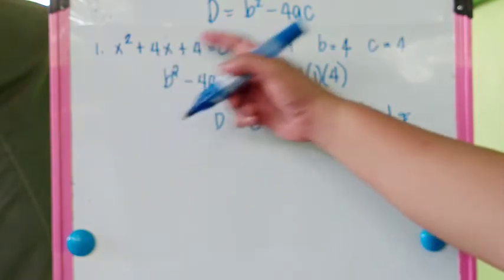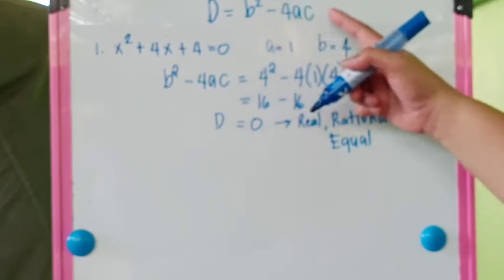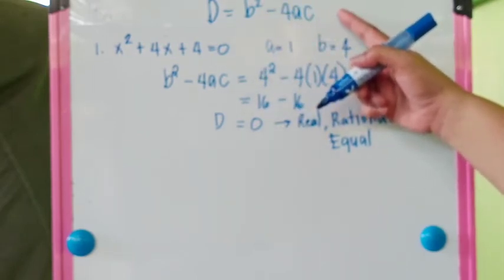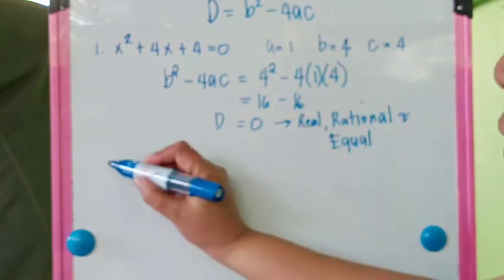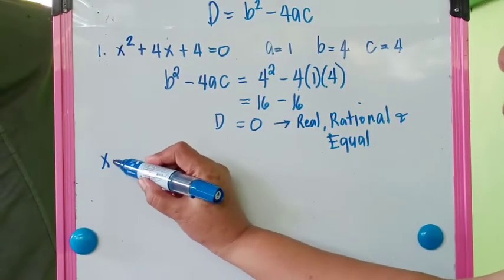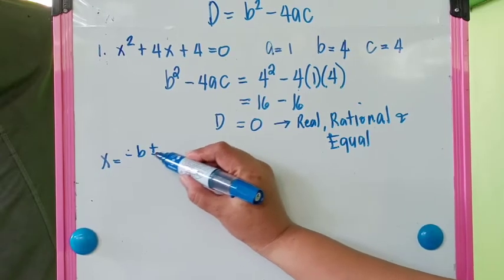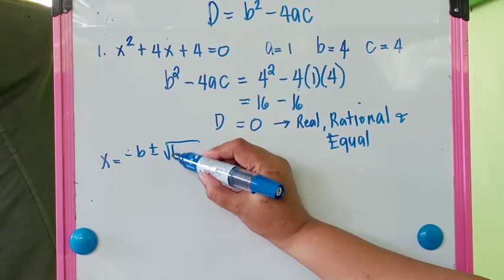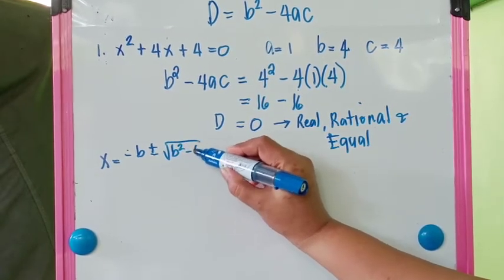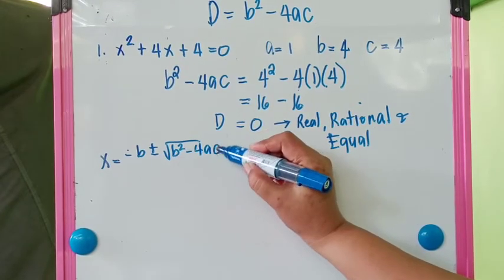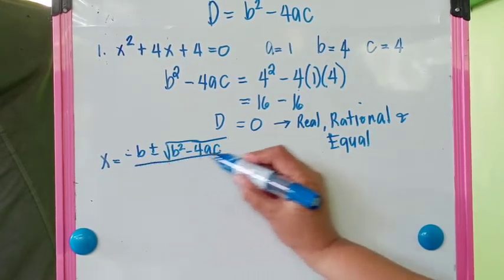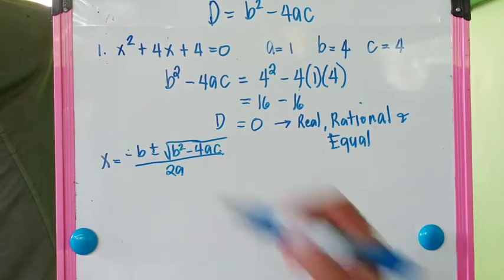So, dito, since meron na tayong b squared minus 4ac, I suggest to use the quadratic formula, which is x is equal to negative b plus or minus square root of b squared minus 4ac all over 2a.